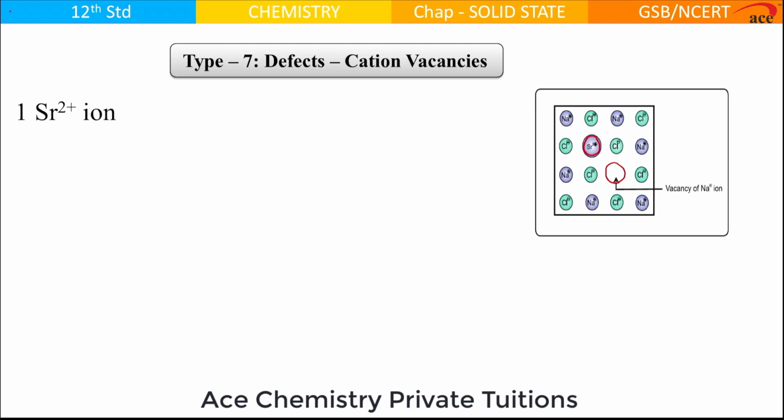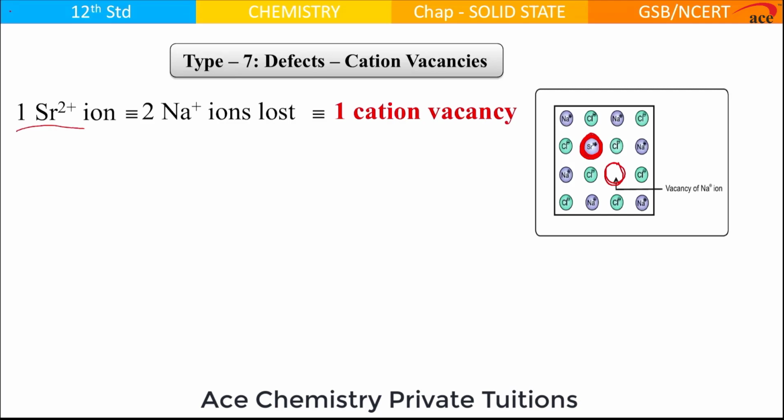Because one strontium ion has a charge of 2 plus, which is equivalent to 2 sodium ions, of which one sodium ion's position is taken by strontium, and the other place remains vacant. That means there is one cation vacancy. So, correlation, one strontium ion will cause one cation vacancy and will remove 2 sodium ions.